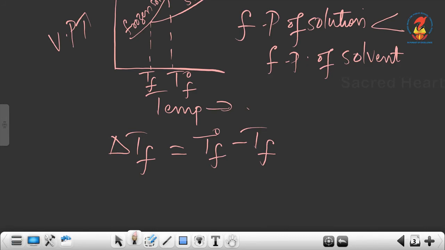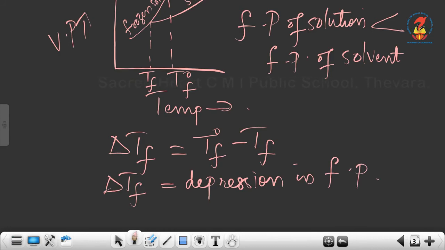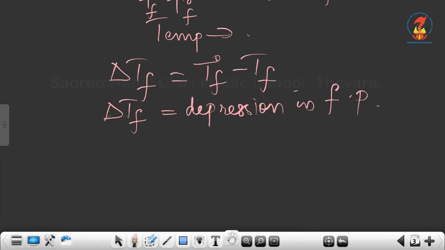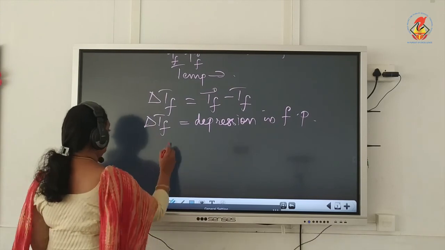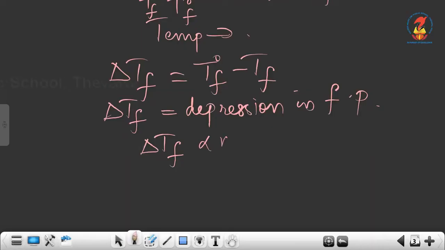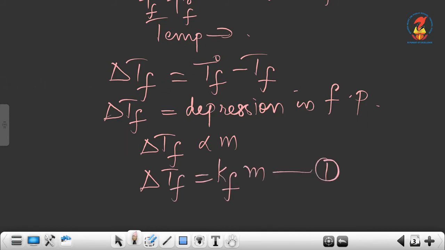Delta TF is called the depression in freezing point. Now, for very dilute solution, the depression of freezing point is proportional to its molality. So, delta TF is proportional to small m, or delta TF is equal to Kf into small m.